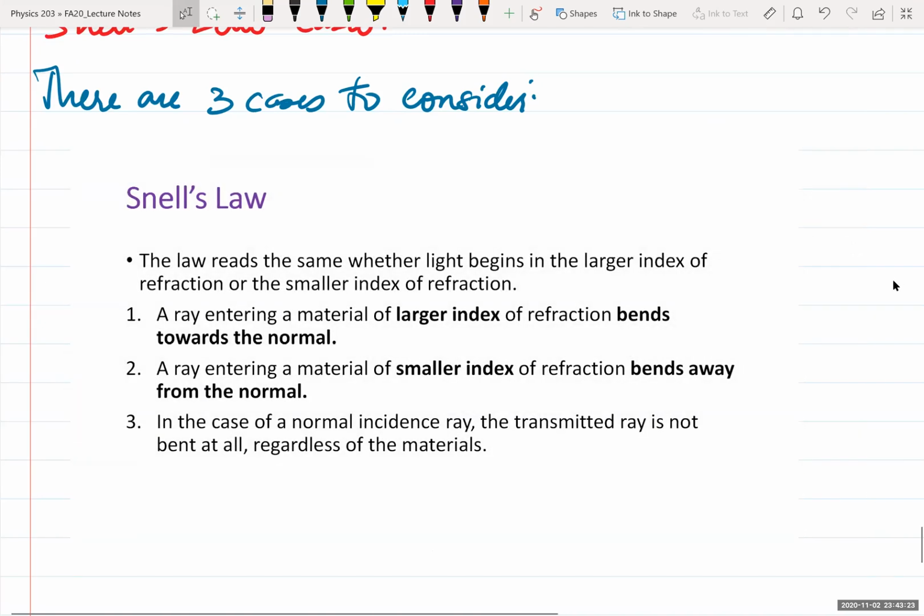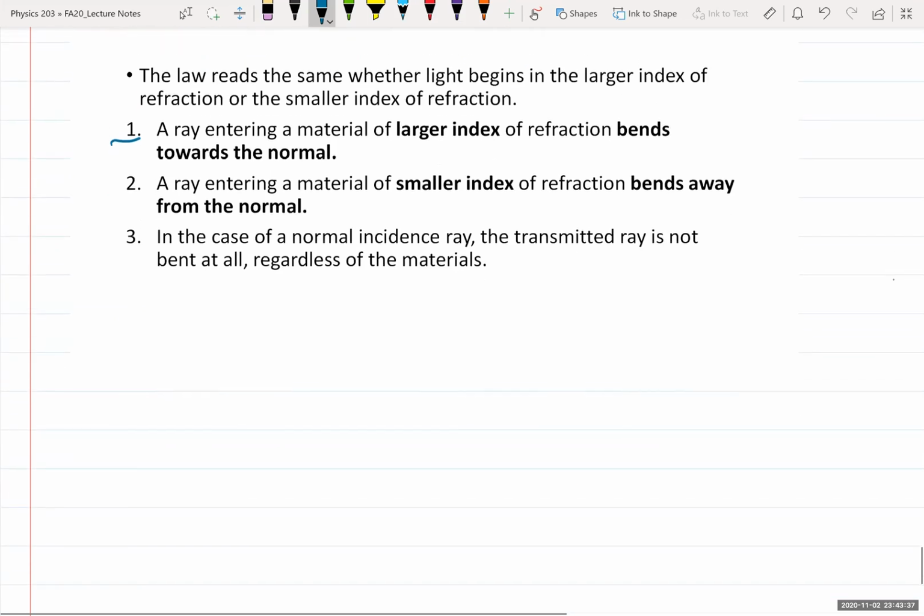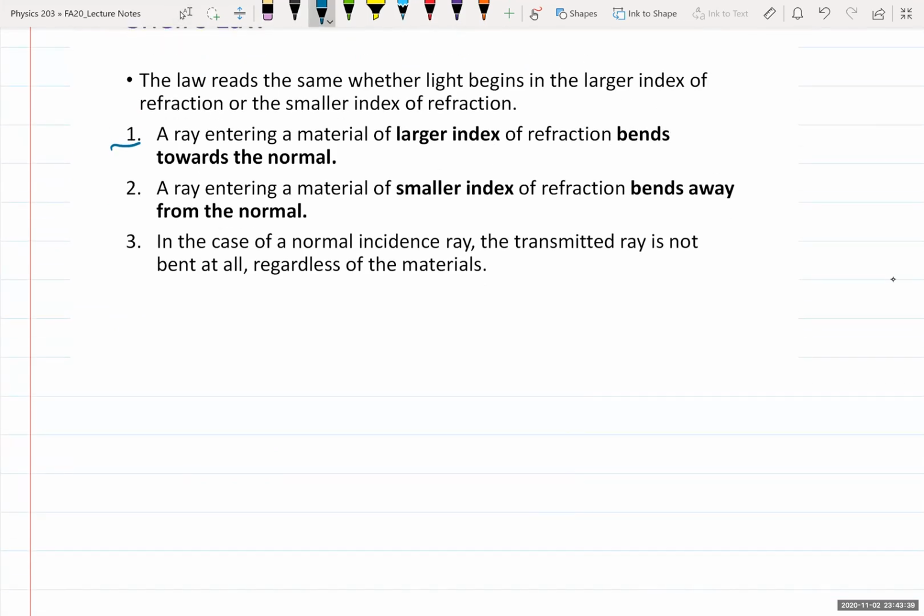Okay, so case number one. A ray entering a material of larger index of refraction bends towards the normal. If I were to draw this, case number one, this is my boundary. Here's my normal.